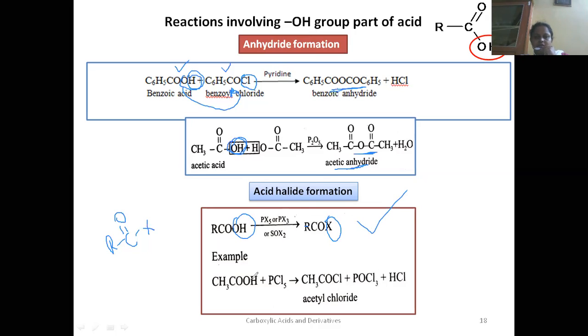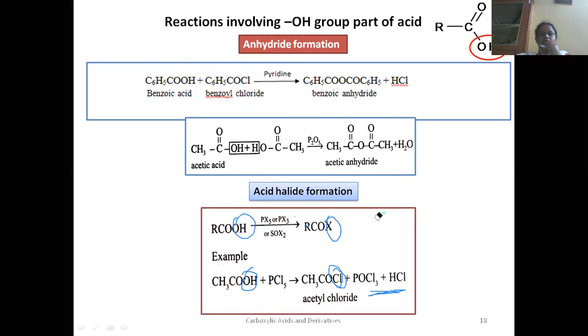For example, to convert acetic acid to acetyl chloride, you can add any of these reagents, PCl3, PCl5, SOCl2. Any of these reagents can convert this OH group to a Cl group. These are the reactions involving the OH group.